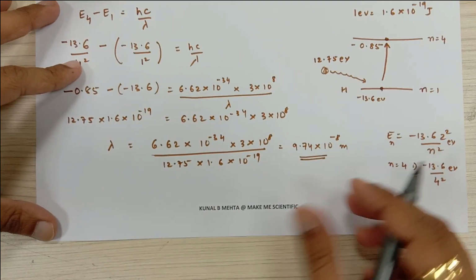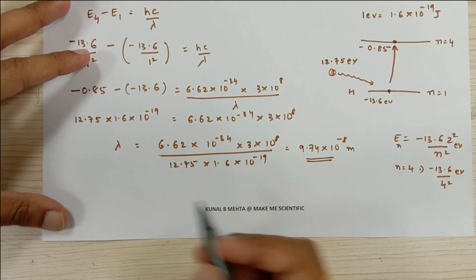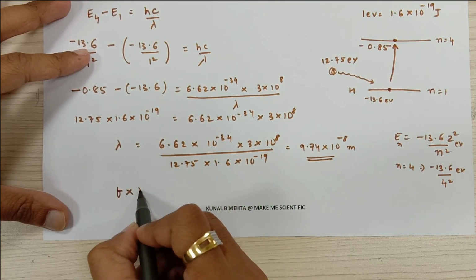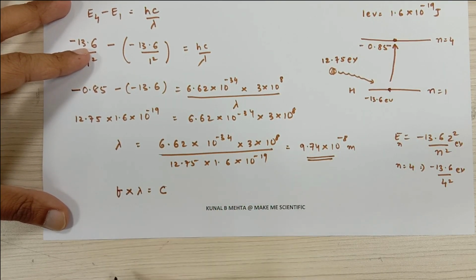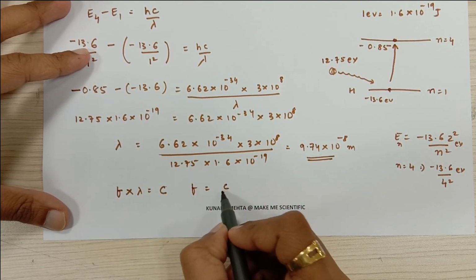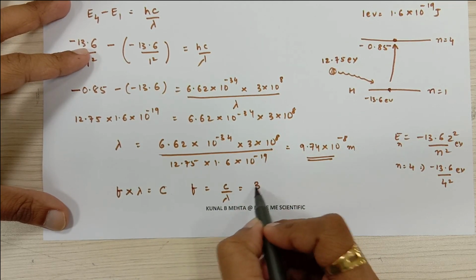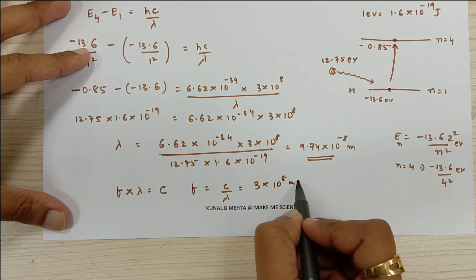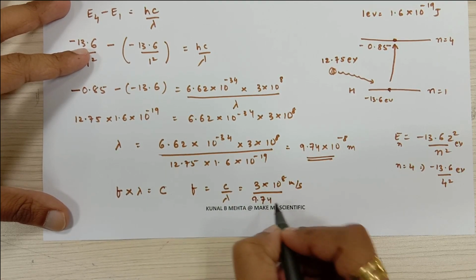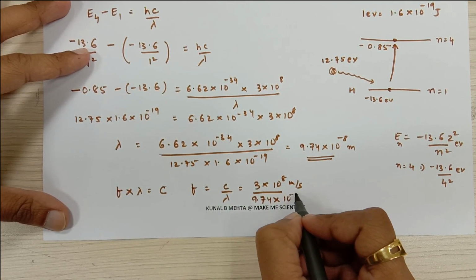Correct? Now, how can we find the frequency? Very easy. For any electromagnetic wave, or for any wave, f into lambda equals c. Since we know lambda, frequency shall be equal to c upon lambda, where c is 3 into 10 raised to 8 meter per second. Lambda is what we have already found, 9.74 into 10 raised to minus 8.